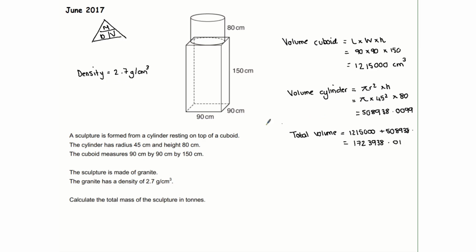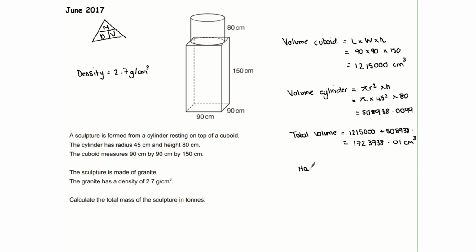So the volume is in centimetres cubed. So we now have the density for the sculpture, we now have the volume of the whole thing, and then I now need to calculate the mass.